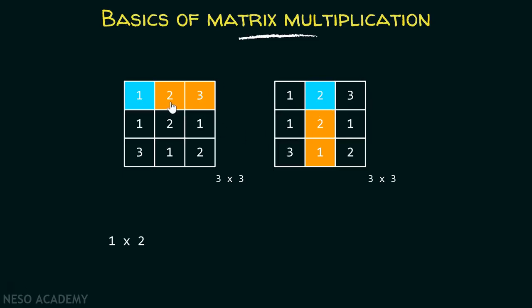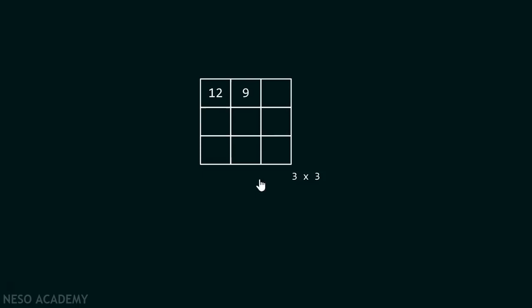Then the second element from this row and the second element from this column and multiply them. Then finally we take the last elements and multiply them. And then we add them all to obtain the final result. 1 into 2 is 2, 2 into 2 is 4, 3 into 1 is 3, 3 plus 4 is 7, 7 plus 2 is 9. Therefore the final result is 9, which will get stored in this location.